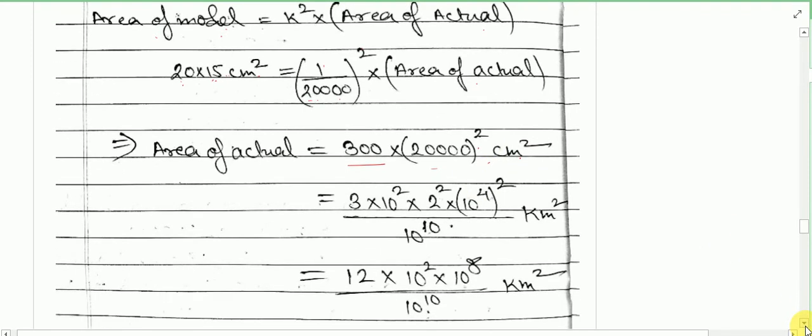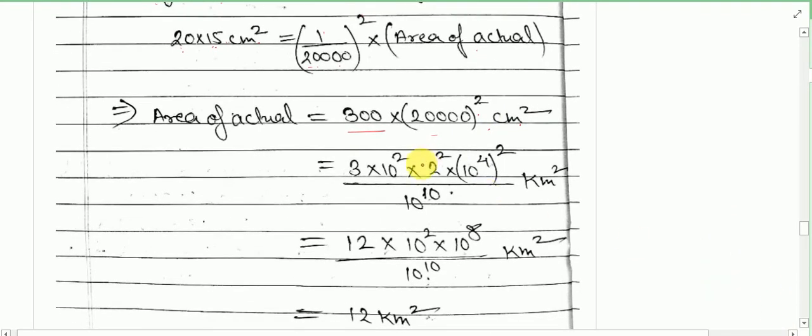But we have to find the actual area in kilometer square. Initially I had told you that 1 centimeter square is equal to 1 by 10 to the power 10 kilometer square. So this centimeter square can be replaced by kilometer square, and in the denominator you have to write 10 to the power 10.